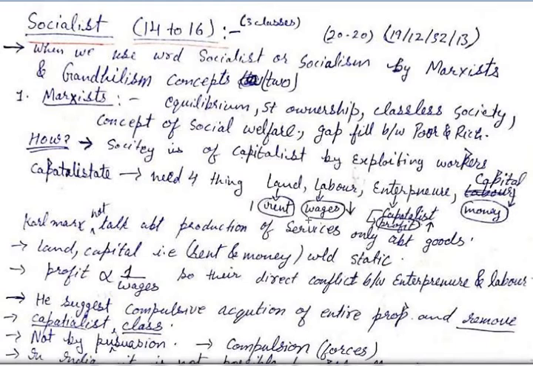Karl Marx basically talks about the production of goods, not about services, because at that time the context of services was not there. So what Marx says is, in the capitalist economy, for an entrepreneur there are these two things which are static: land, that is rent, and money.